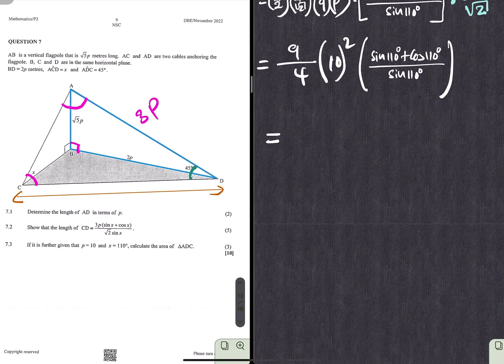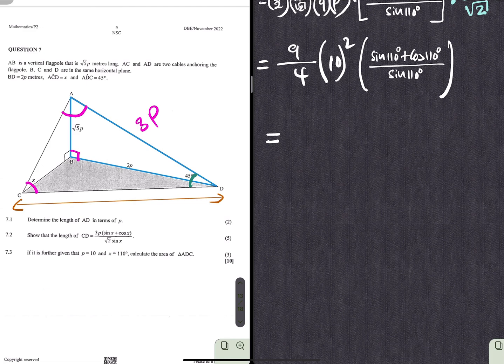Well, you just need to type it in your calculator, and let me also type it. So that is 9 times 100 divided by 4, multiplied by sine of 110 and then plus cos of 110, these are in degrees, over sine of 110.